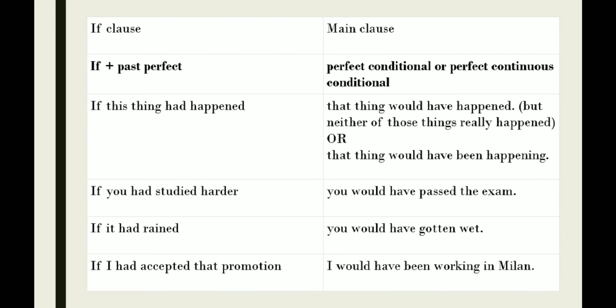For example, one more example. If he had seen them, he would have stopped them. So he didn't see them, so that's why he didn't stop them. If I had known her address, I would have written to her.